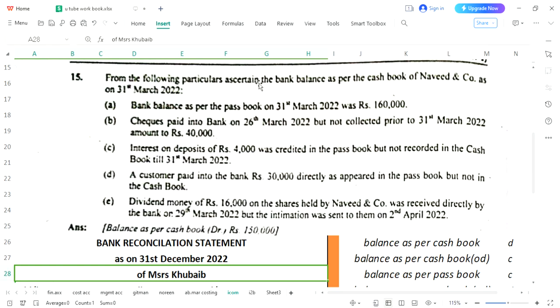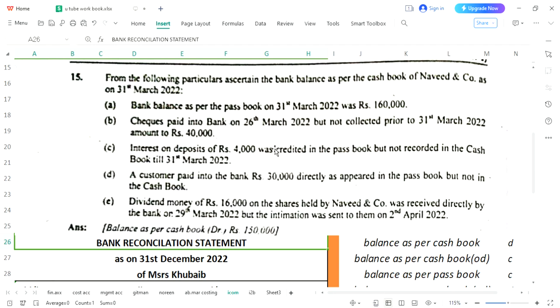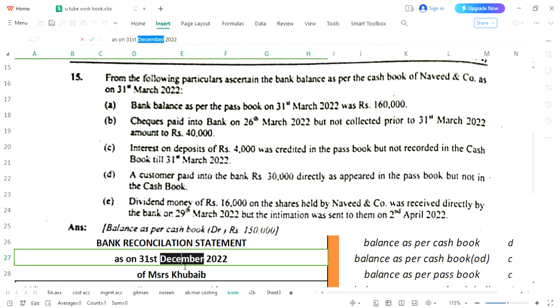There are three steps. The first line is fixed for bank reconciliation statement. Then we need to put the date, and the date in this question is 31st March. In the previous question it was December, and now we are going to change it into March. The year is the same.